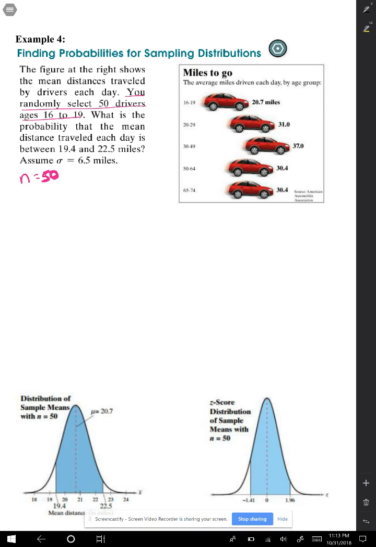And then we want to find the probability that the mean distance traveled each day is between 19.4 and 22.5 miles. And we're assuming a standard deviation of 6.5 for the population. So since the sample size is greater than 30, we can use the central limit theorem.